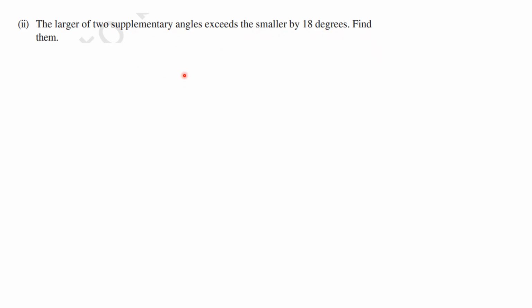So here it is given the larger of two supplementary angles exceeds the smaller by 18 degrees. So again you will get two conditions. First I am going to assume the two supplementary angles are x and y, where x is greater than y. Now as it is given they are supplementary, it means the sum of x and y should be 180 degrees. That will be my first equation.